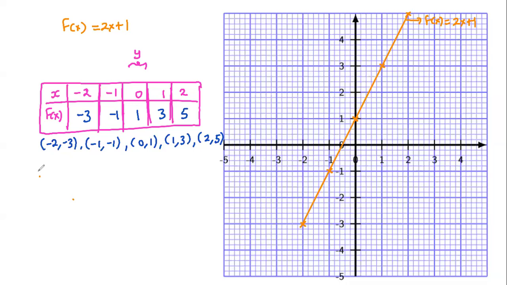In other words, when you draw your vertical line, it must touch your curve at only 1 point, not more than that.